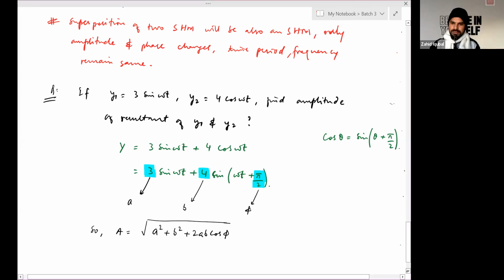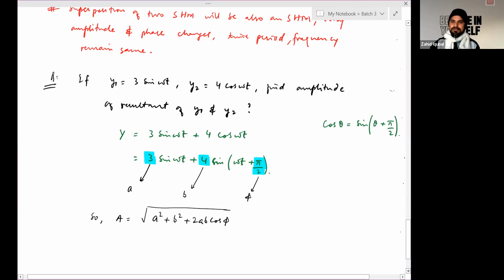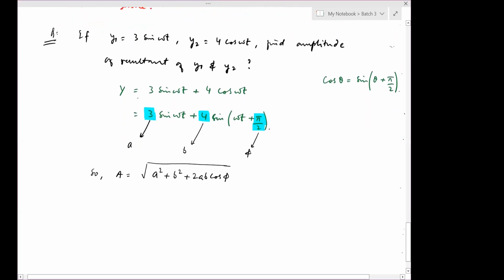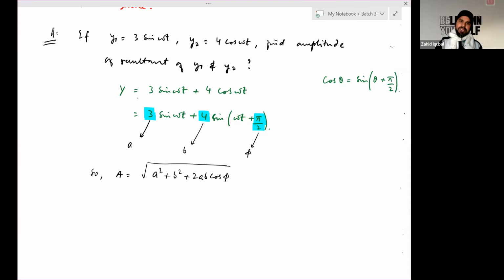Abhinav, you got any answer? One minute, sir. Okay. Just put the values of A, B, and phi and simplify it. Riba, just send your answer.